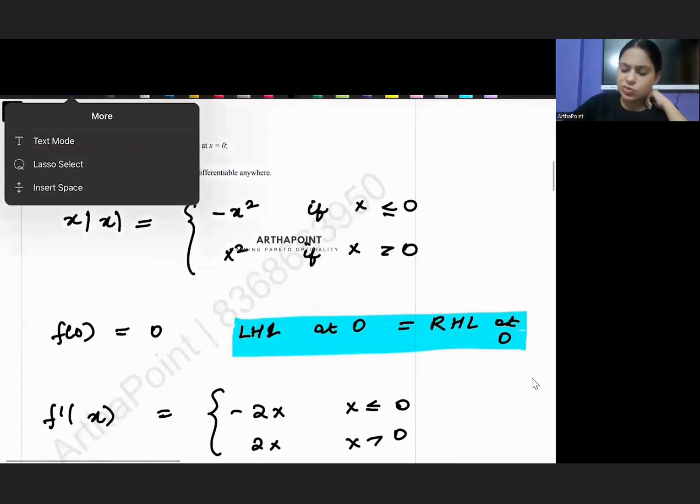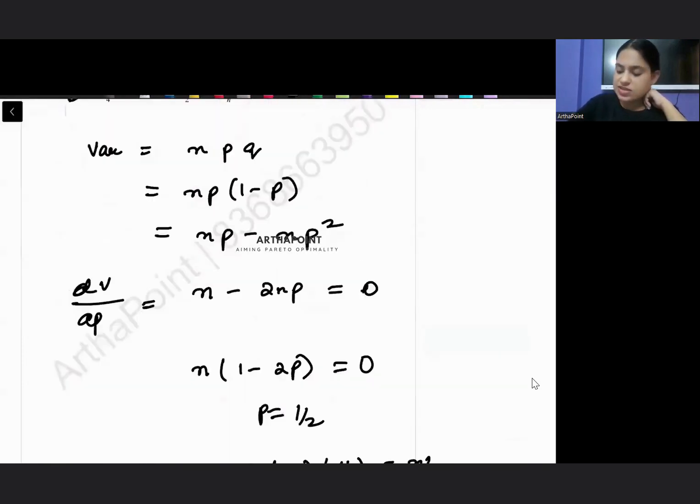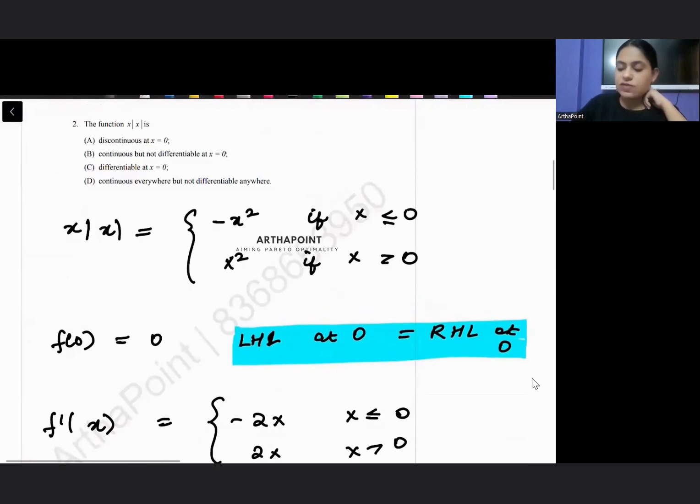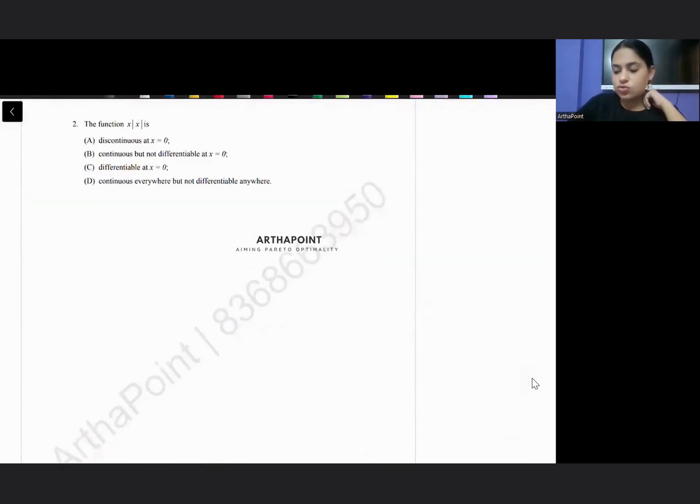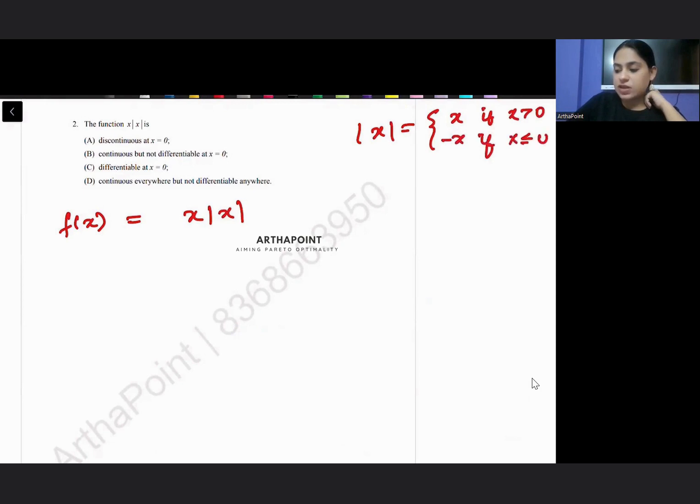Again, a very easy question. So this goes ahead and says, you're given a function and the function given to you is f(x) is equal to x mod x. So we know that if I need to open mod x, this can be x if positive and it can be minus x if negative.